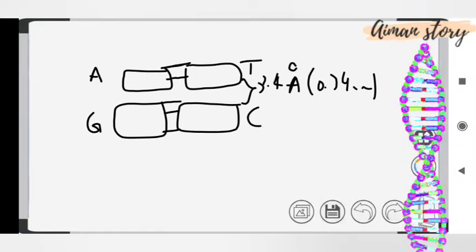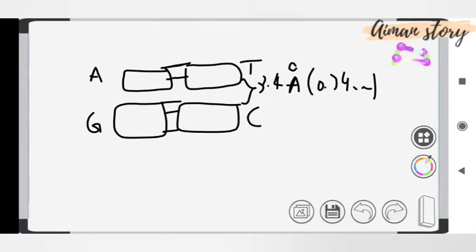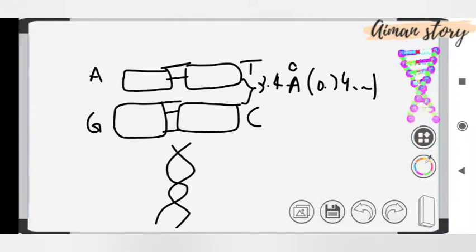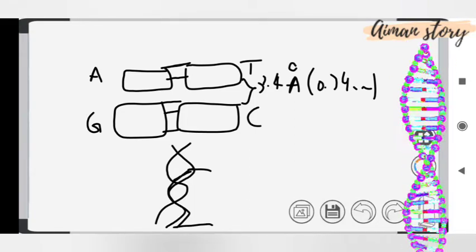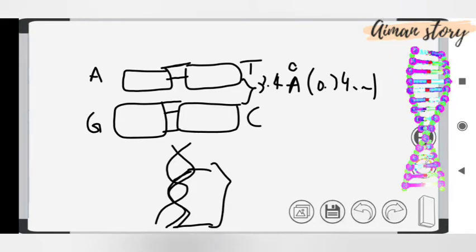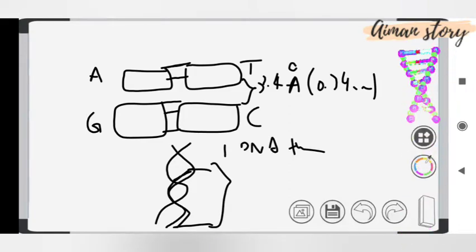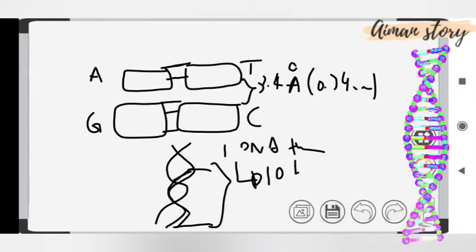For a single DNA turn, let's say like this, there are at least 10 nitrogenous bases.